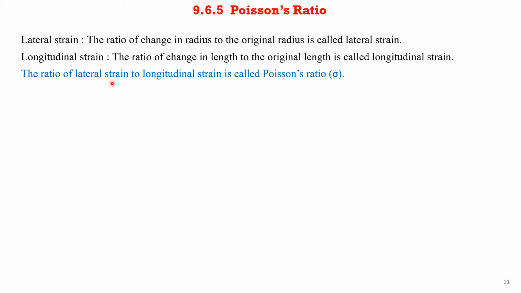Hence, the ratio of lateral strain to the longitudinal strain is called Poisson's ratio, and it is represented by the letter sigma. Sigma is equal to lateral strain by longitudinal strain.